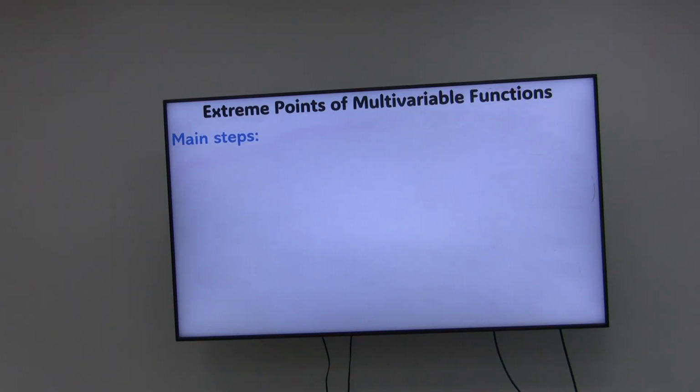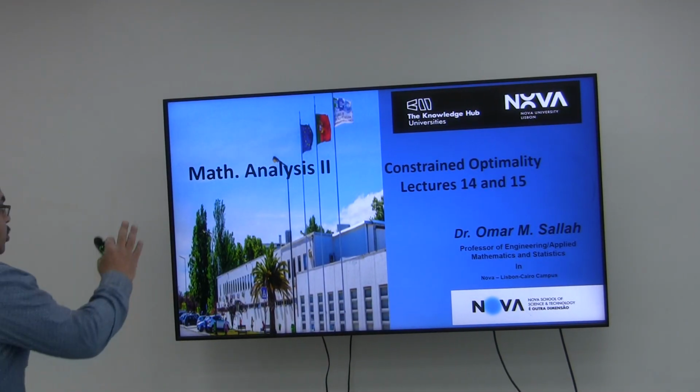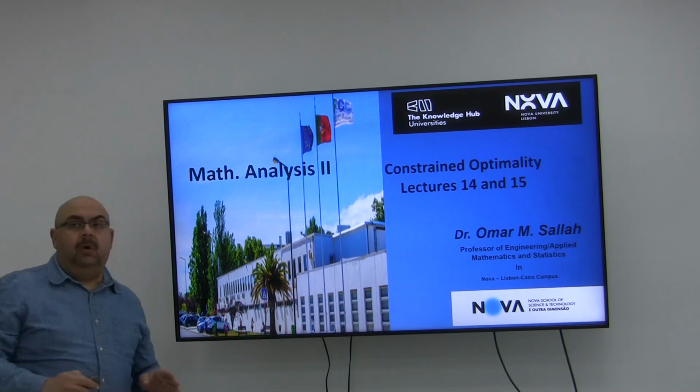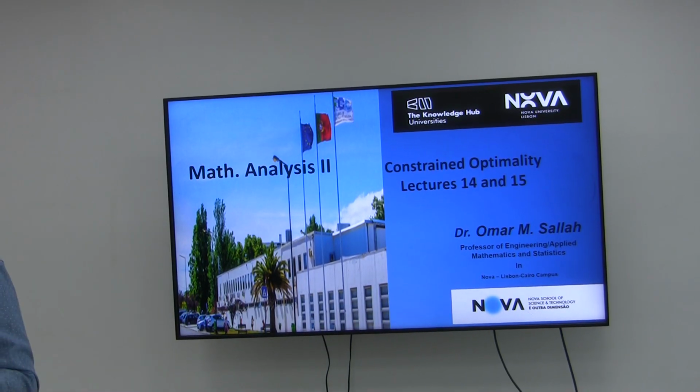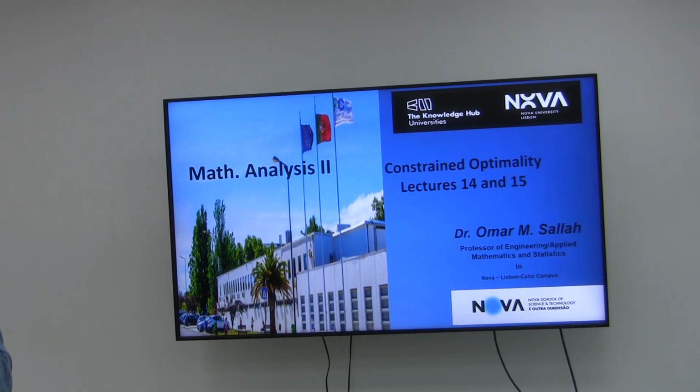In this session, besides going through constrained optimality, we will also go through how to identify or determine the absolute optimality or the global optimality. Once more, we have local optimality, global optimality, and then we will go to the cases of the constrained optimality.